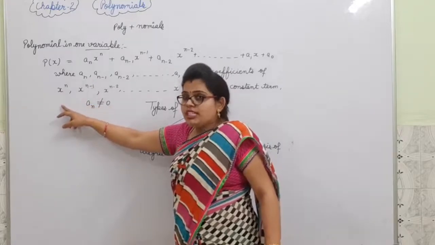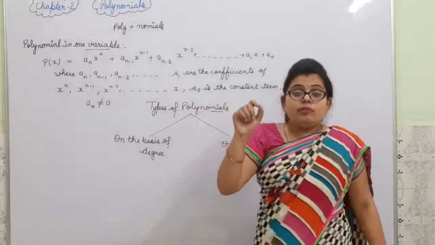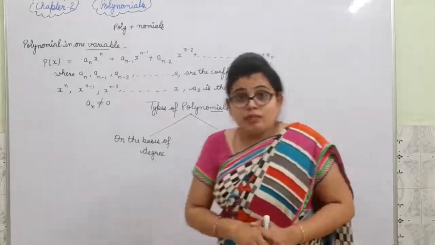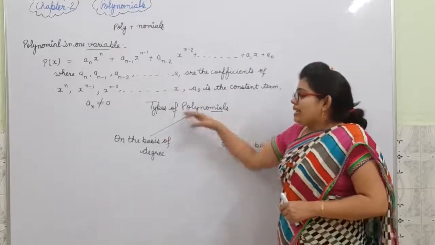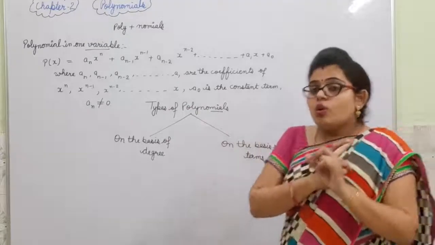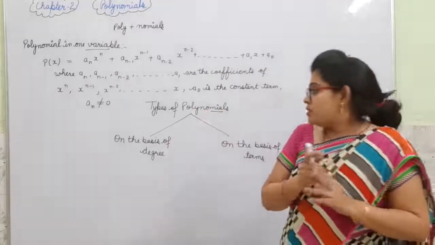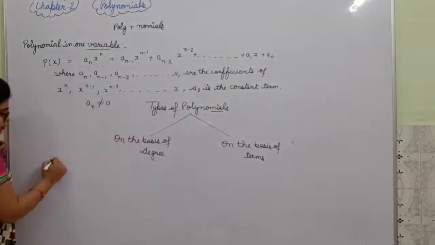Variable x के coefficients हैं. an is the coefficient of x raised to power n, where this n represents the power of this expression. n क्या represent करता है? Power or degree. So now we can classify this polynomial on two bases. First is on the basis of degree, second is on the basis of terms. अब degree क्या होता है? What do you mean by degree?